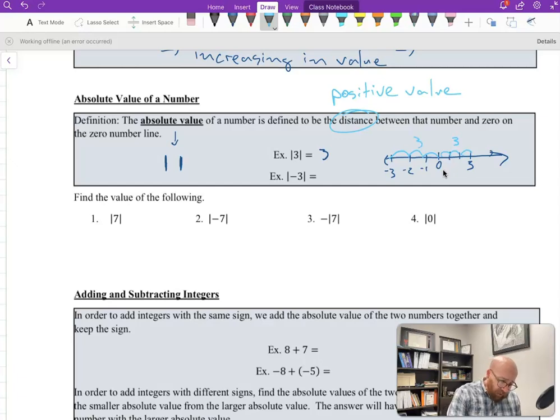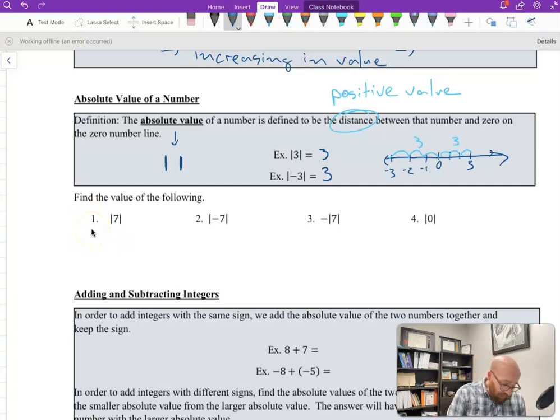So the absolute value of -3 is 3. So, no matter what number you have inside your absolute value bars, absolute value of +3 or absolute value of -3, the answer is always a positive value.